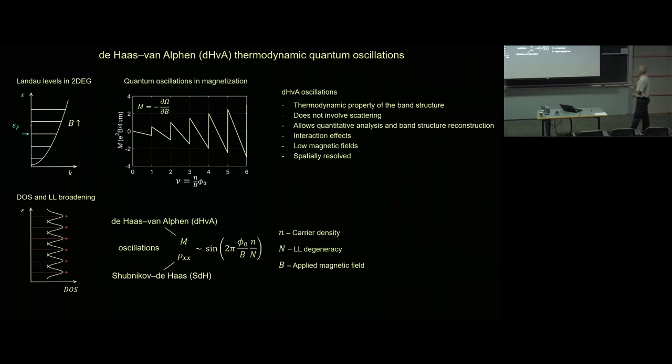And as we'll show today, you can also perform that at very low magnetic fields, and you can do spatially resolved measurements, namely you can reconstruct the local band structure. And the problem, of course, is that the magnetic moment is proportional to the volume of the sample.